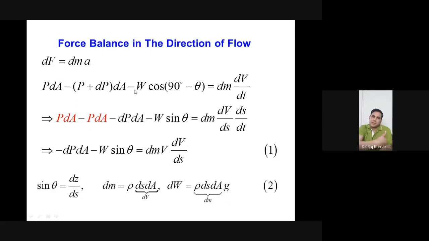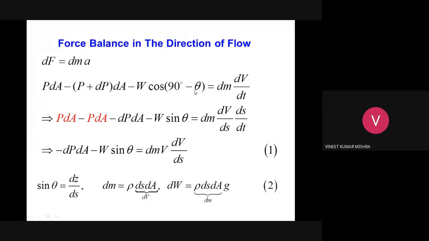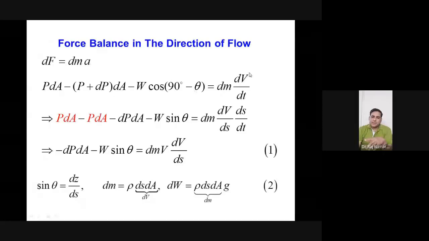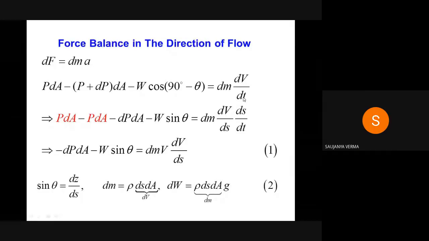Now you want to balance it in the direction of flow, therefore you put a minus sign here, minus W cos(90 minus theta). Is this fine? This is the body weight. It should be balanced by mass into acceleration. So dm, acceleration is dv upon dt only. Is that fine? Yes, sir.